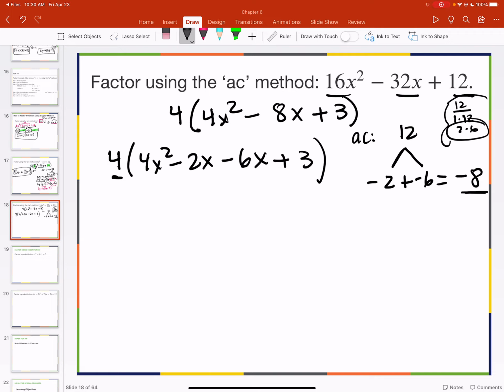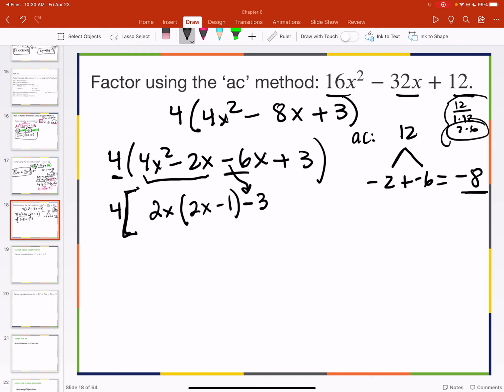Okay, so from the first 2, I can factor out a 2x. I'm just going to leave the 4 on the outside like that with a square bracket so I know I'm still working here. So this is 2x. Factor that out. That gives me 2x minus 1. If I take out a negative 3, well, I just bring that minus sign down here and take out a 3.